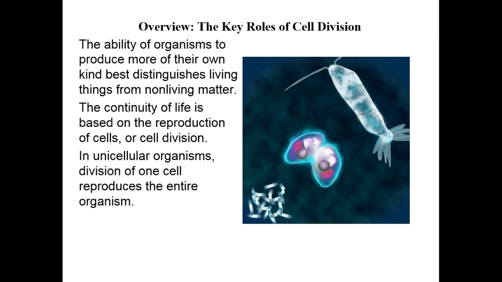The ability for life to continue is based on reproduction of cells. So cells are retired, you might say. They need to be replaced. And that replacement is what we call cell division. Cell division is basically what we're talking about here. Even unicellular organisms divide, and it is the division of one cell reproducing the entire organism.